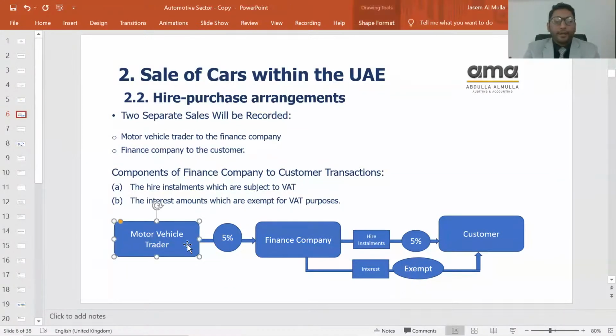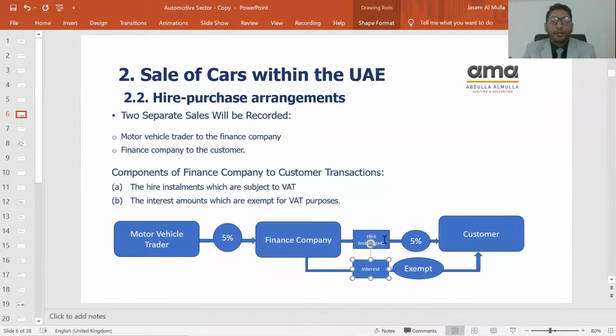There are three parties. The number one is the motor vehicle trader. The second one is the finance company, and the third one is the customer. In the first transaction, the motor vehicle trader will sell the car to the finance company and will charge the 5% VAT. But in the second transaction, the finance company will sell the car to the customer, and there would be two components of this transaction.